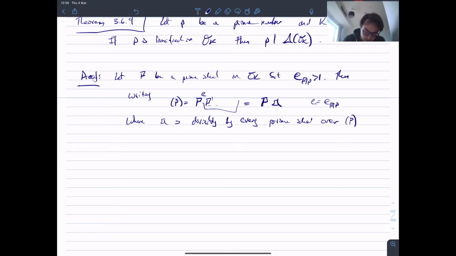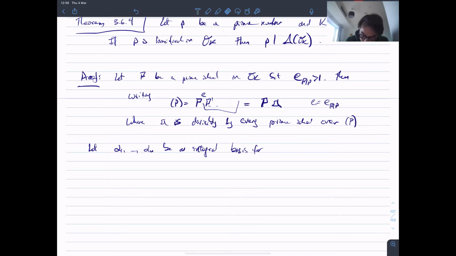So I can do this, and I'm just going to study this ideal A. So let's start by picking a basis for my ring of integers. So I'm going to let alpha 1 to alpha n be an integral basis for OK, whatever this basis is. I don't need to find it explicitly, but just know that it exists.